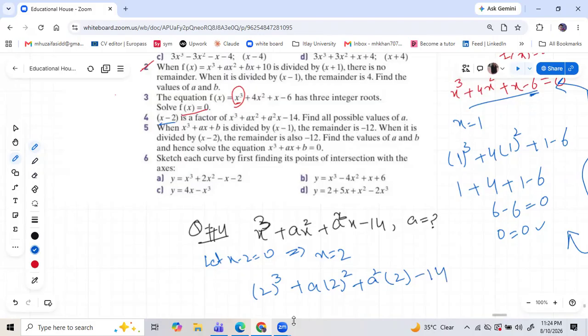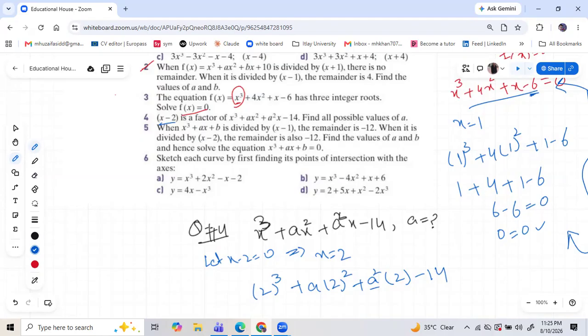Now you can solve it with the help of a. Here we have a square, so our equation is in quadratic format with respect to a, and we have two values of a. Okay, is there any confusion? Can I move to the next one? I'm solving it. Yes, I understand. You can solve it.